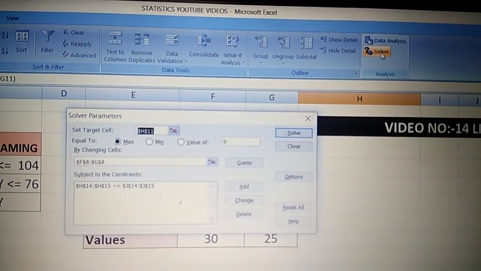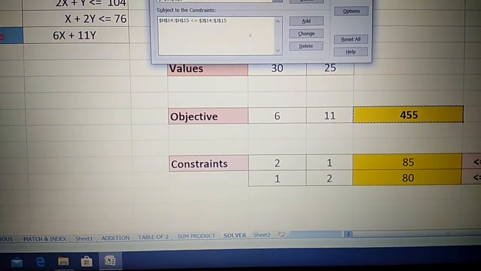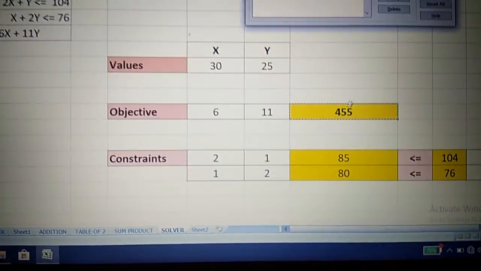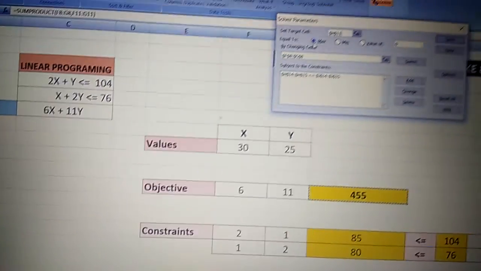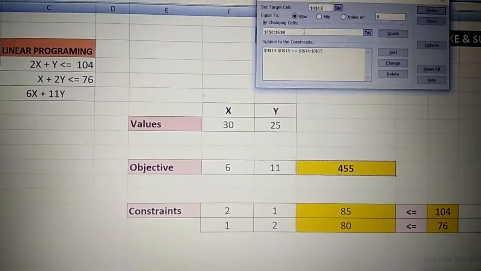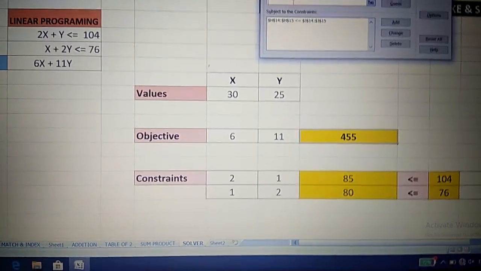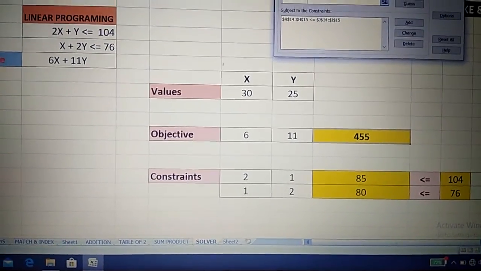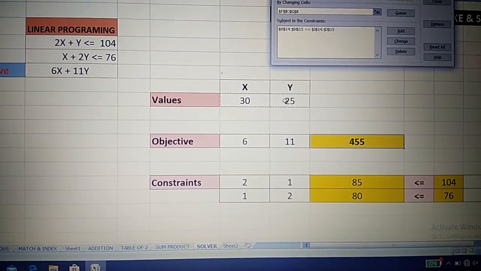Click, a window will open. Set target cell. Set target cell means what is the objective cell? So click it. Make sure to click maximize. Then the changing cells: I want the values of x and y, so these two will be clicked.